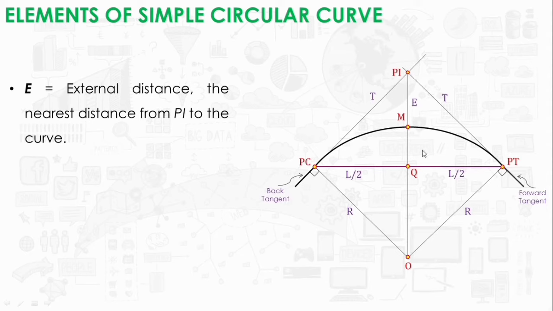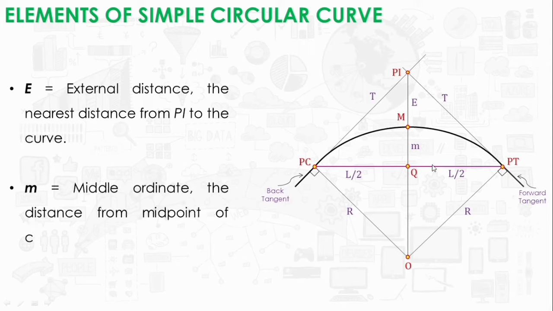Next is M, the middle ordinate. The middle ordinate is the distance from the midpoint of the curve to the midpoint of the chord.